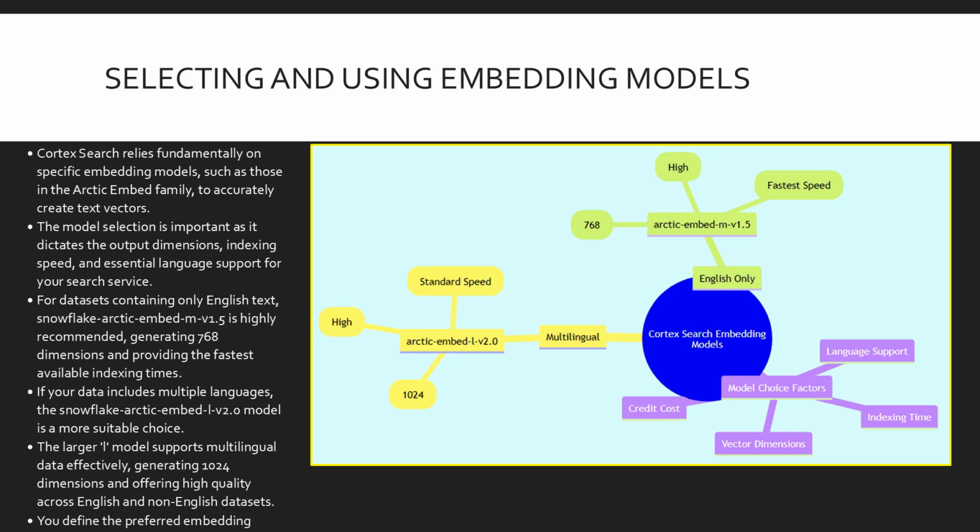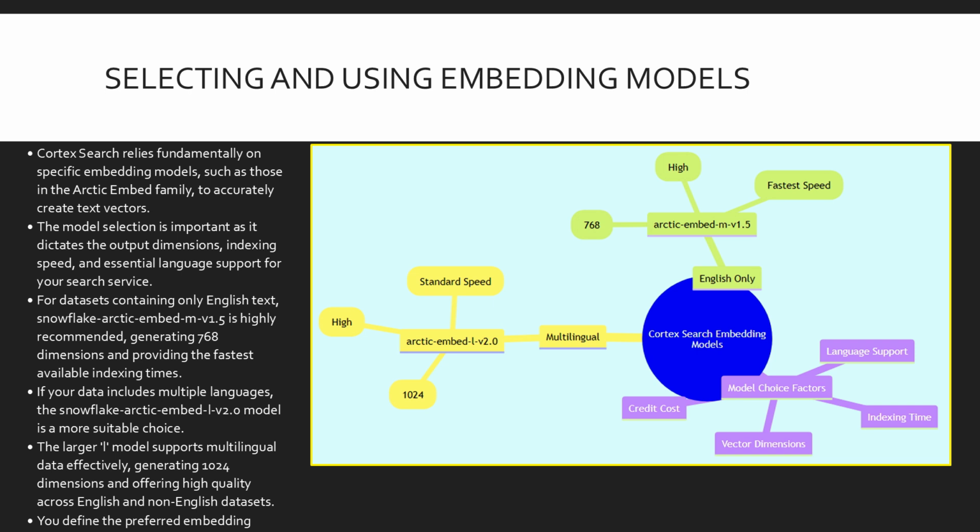Cortex Search, at its foundational and mathematical core, operates entirely dependent on specialized, highly optimized embedding models. These models, often categorized under the high-performance Arctic Embed family developed by Snowflake, are meticulously engineered to accurately and reliably execute the complex conversion of raw text data into the required high-dimensional numerical vectors.